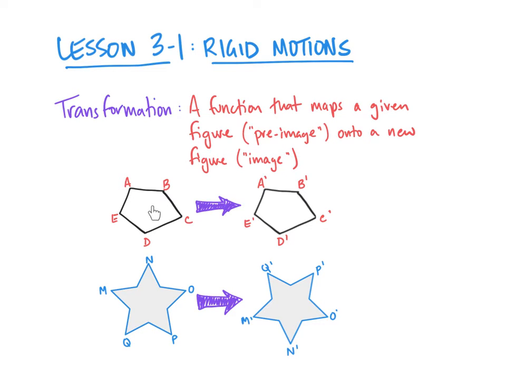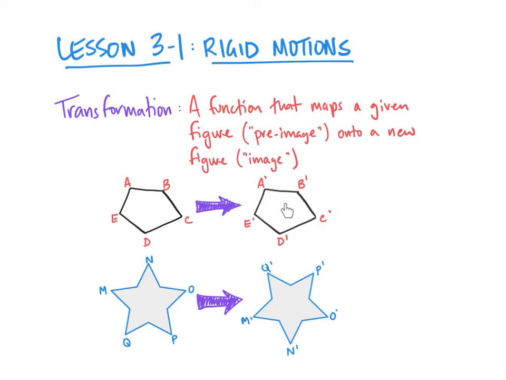And let's say I take that pentagon and I just slide it over on my screen to right here. What I did is I transformed that by sliding it from one place to a new place. I took its original location, its original figure, called the preimage, and I just moved it to a new place. I made it look different because it went from being right here to being right here.